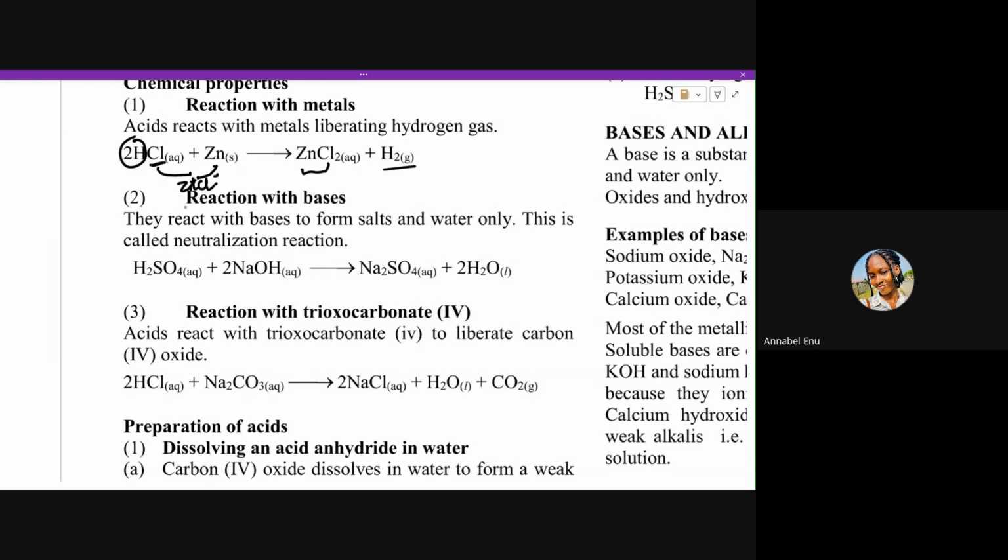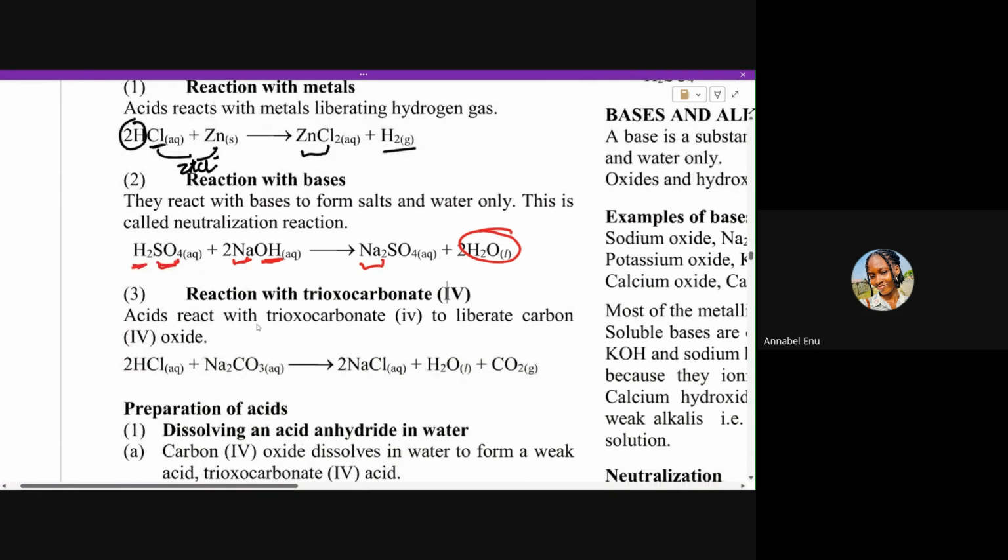The positive side is donated by the base to form the salt, and the negative end is donated by the acid. So the sodium is from the base and the SO4 is from the acid. Then the hydroxide that makes this a base and the hydrogen that makes this an acid come together to form our water.